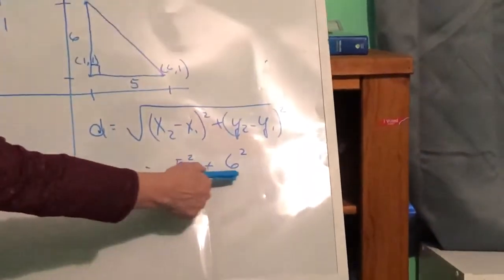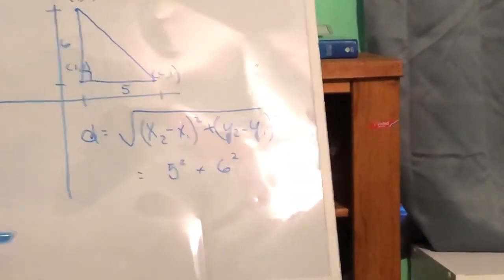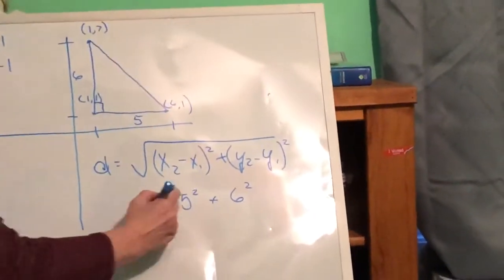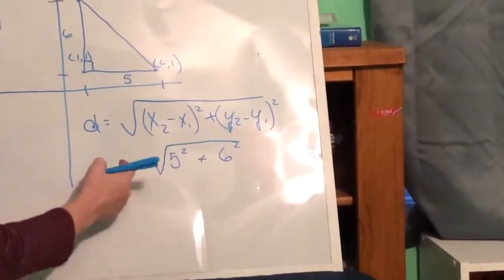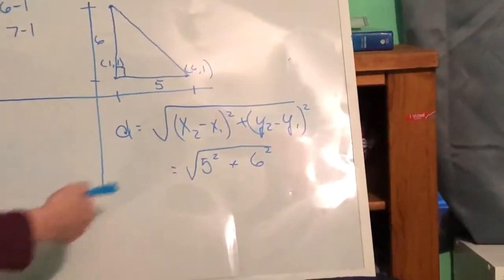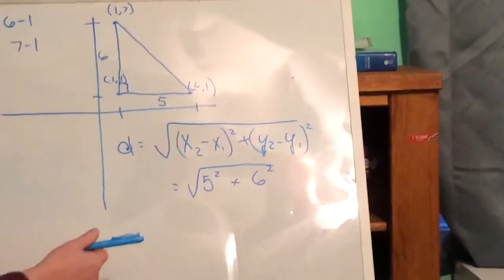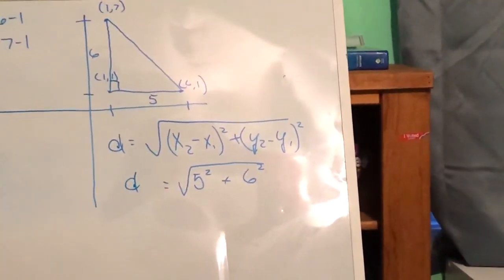So a squared plus b squared, if you will, is c squared. Now we're using d for distance, but we don't want d squared, we want d. So our final step is to take the square root, which then would give us our value. I don't think I put values that are going to work out very nicely, but we would be able to find our value in that regard.